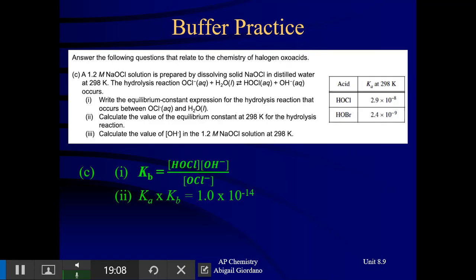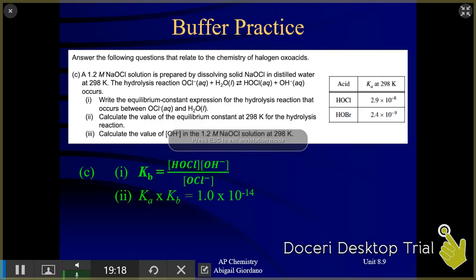Ka times Kb equals 1 times 10 to the negative 14th. If you know the Ka for a particular acid, which we do right here, you can solve for the Kb value of its conjugate base by using this equation that I've written in green.